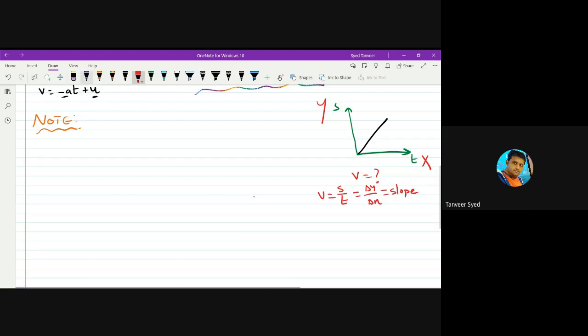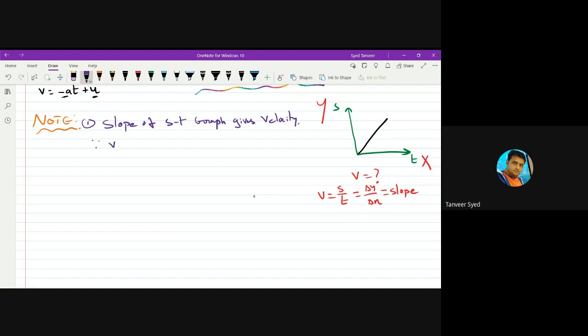So in simple words, slope of ST graph gives velocity. Slope of ST graph gives velocity.